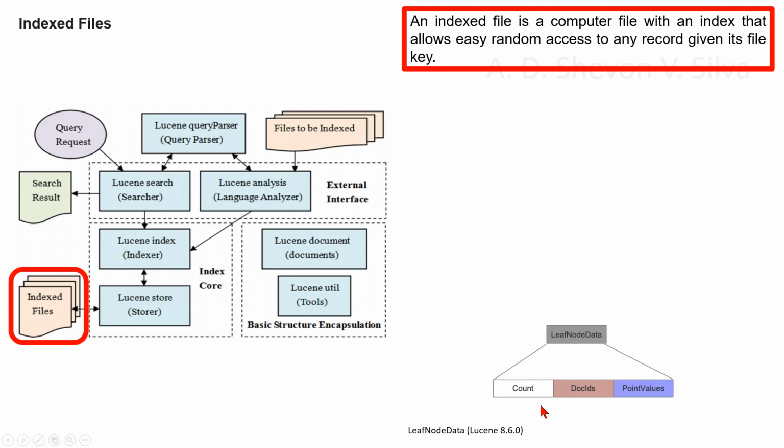The count describes the number of points in leaf node data. Doc IDs describe the set of document IDs which the points in a leaf node data belong to.